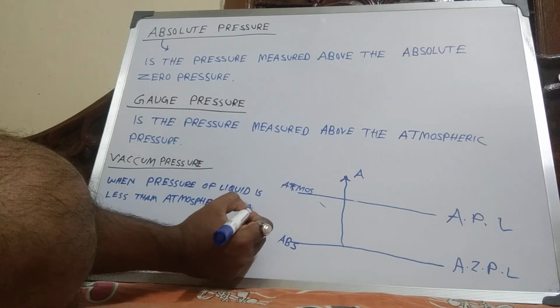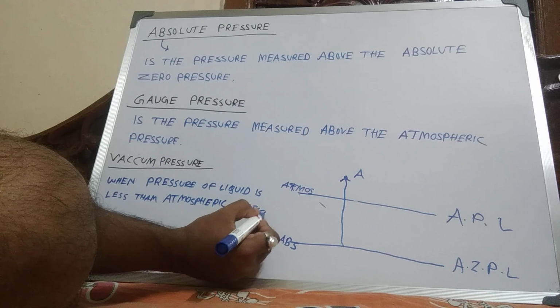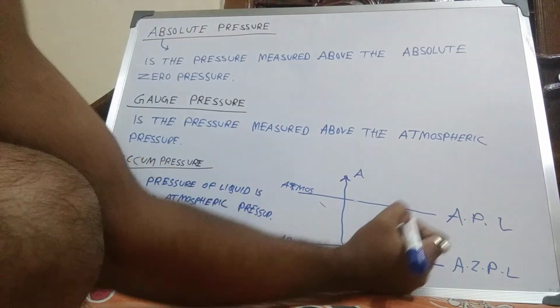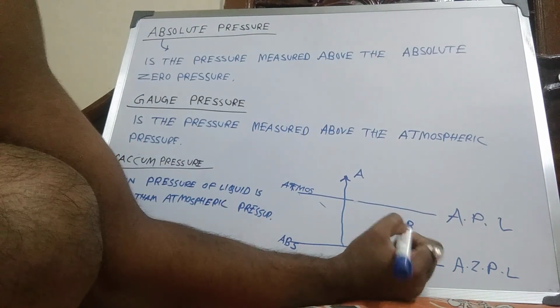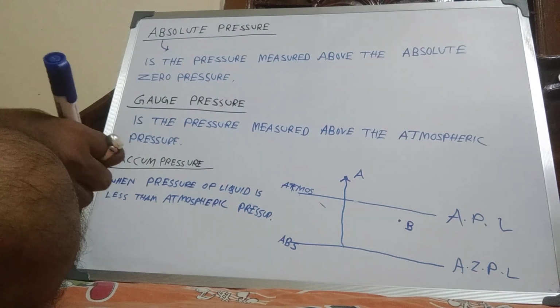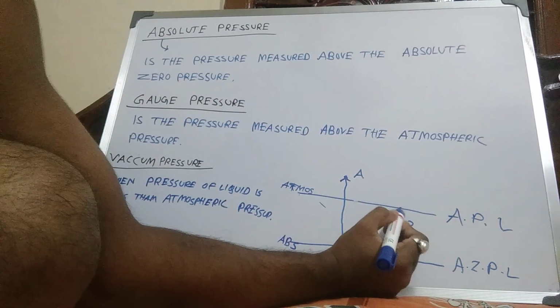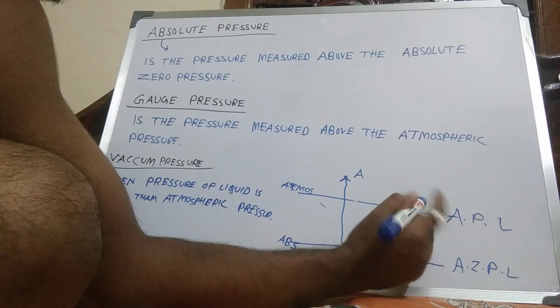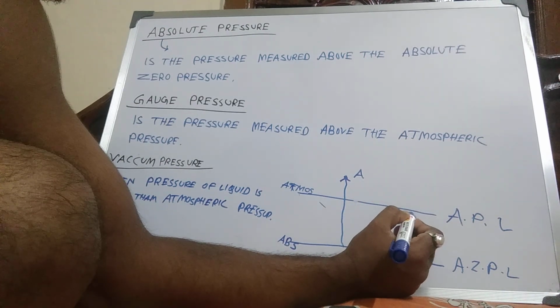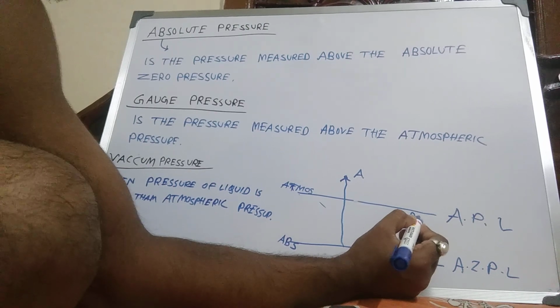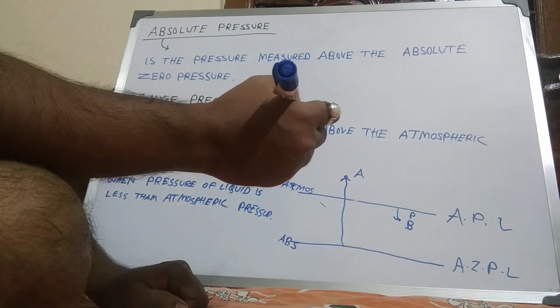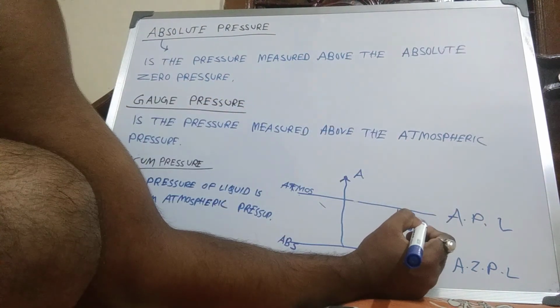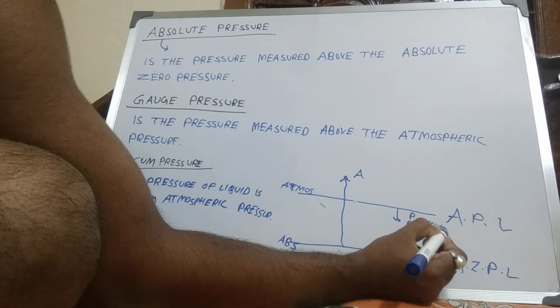Suppose another point B, and at this point this is the vacuum pressure.